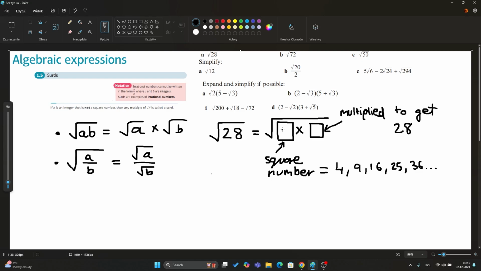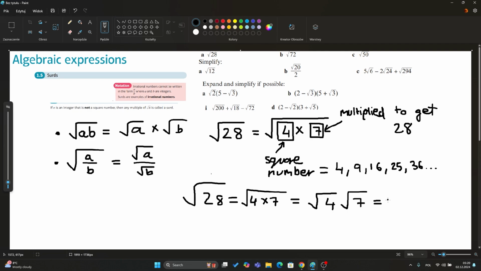So here the highest square number I can use is going to be 4. That multiplied by 7 is 28. Now, if I have the square root of 28 equal to the square root of 4 times 7, I can separate those into the square root of 4 and the square root of 7, which gives 2 root 7.